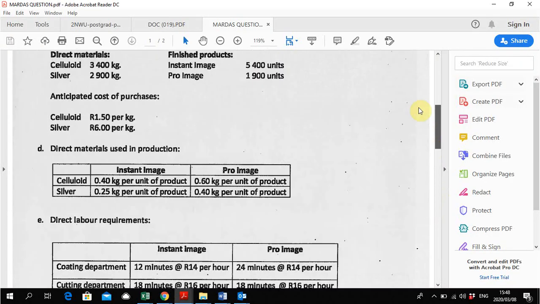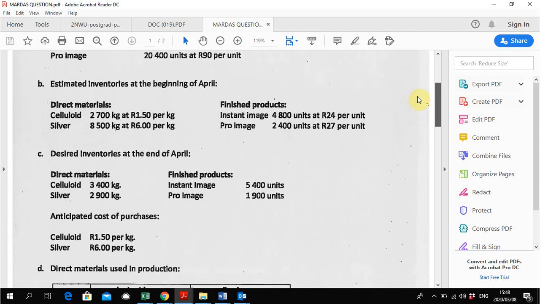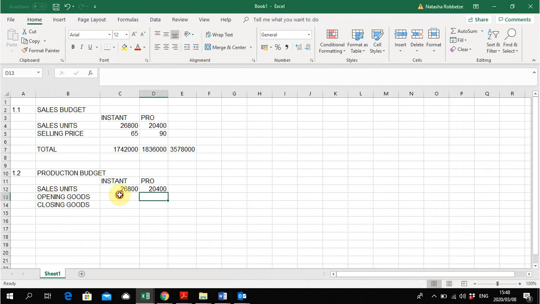If we look at the information, it says the opening stock will be 4,800 and 2,400, and then there's also an estimated closing stock 5,400 and 1,900. So I'm just going to go back to my memo and fill it out.